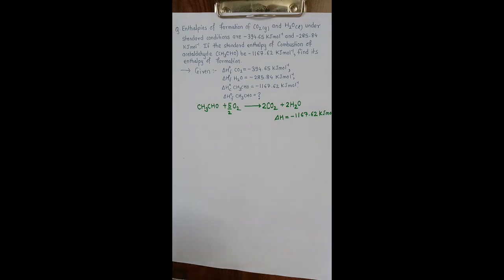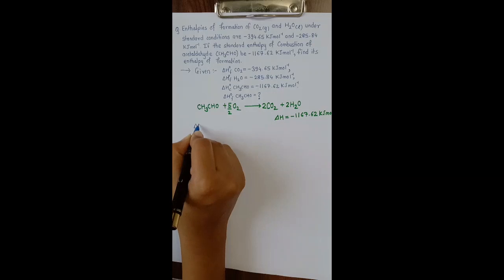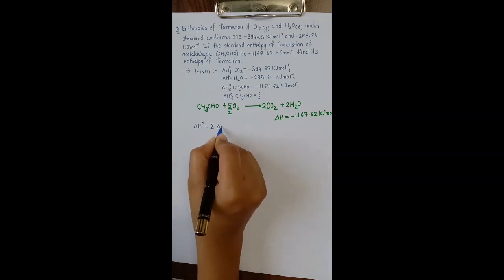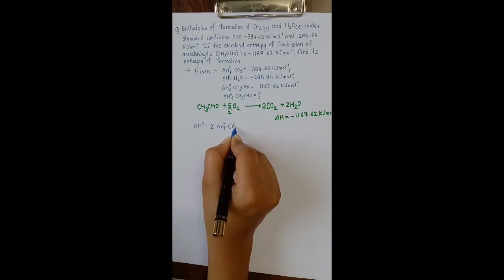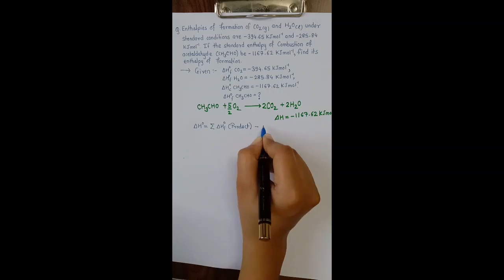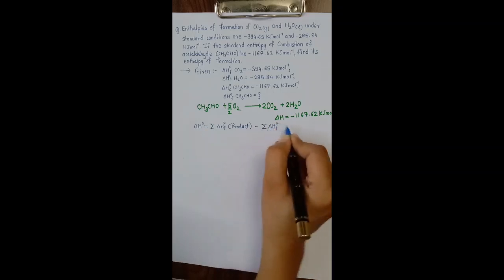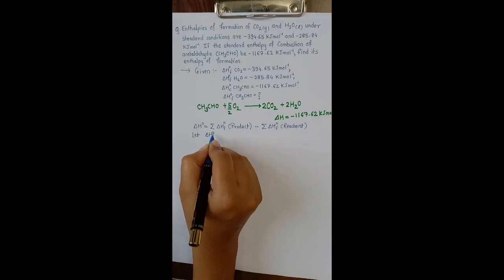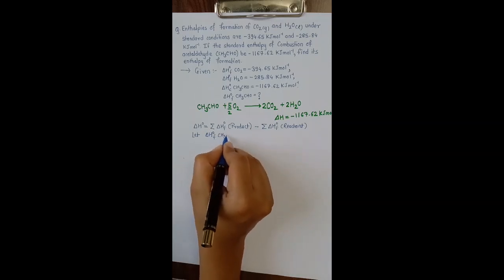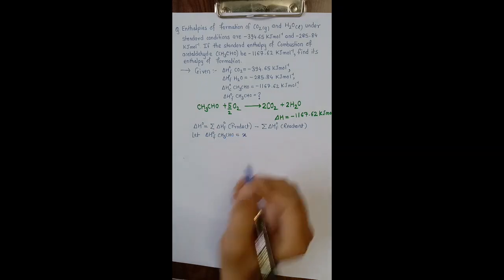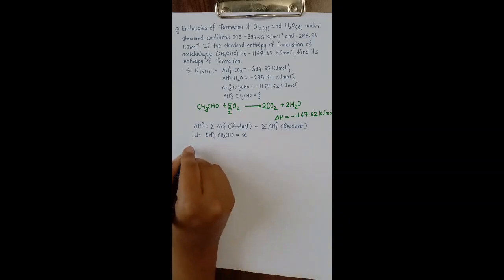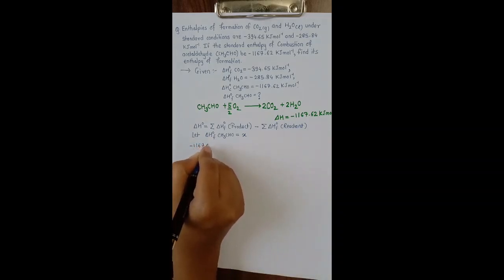So now delta H naught for any reaction is equal to summation of delta HF naught of product minus summation of delta HF naught of reactant. So now let delta H naught of CH3CHO equal to X. Now putting the values, delta H naught for this reaction is minus 1167.62.